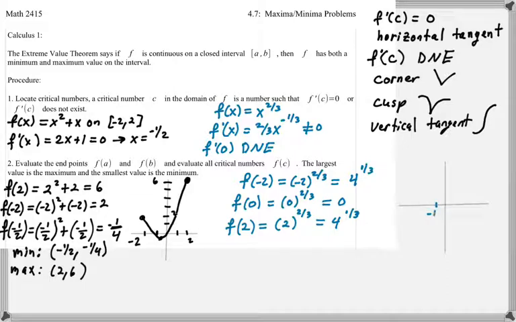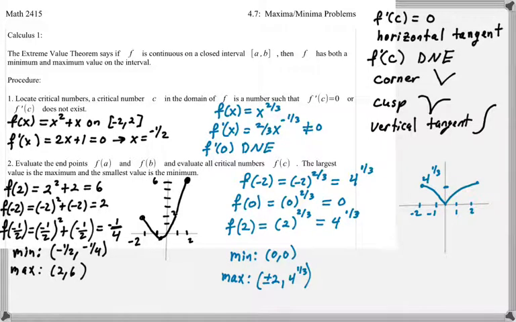Most likely we looked at this in Cal 1, and we might have said something silly, like calling it the seagull. That's what it's going to look like. It has a minimum at the origin, and then it has two maximums at plus and minus 2, comma 4 to the 1/3.